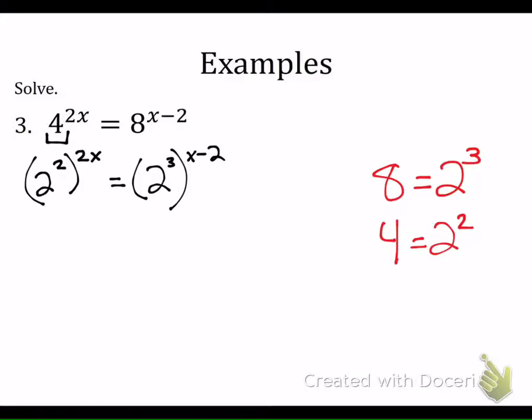Before I drop the exponents, I'm going to multiply them out. So this is actually 2 to the what? 4x equals 2 to the 3x minus 6. You've got to give them both the 3. I'm going to give you a second because that's a lot.